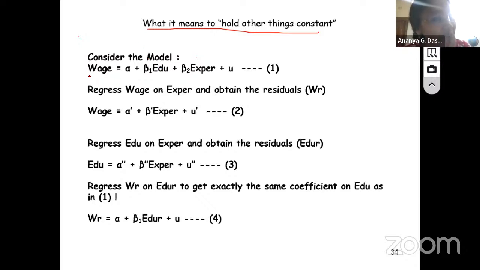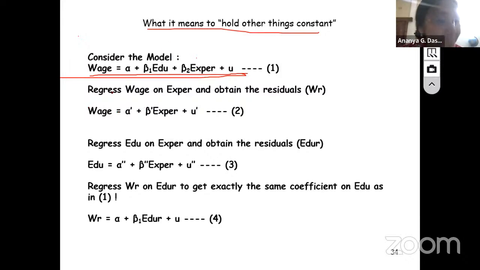Let's say we regressed wage on education and experience. We are wondering what it means to say that as education increases, wage increases by beta 1, holding experience constant.